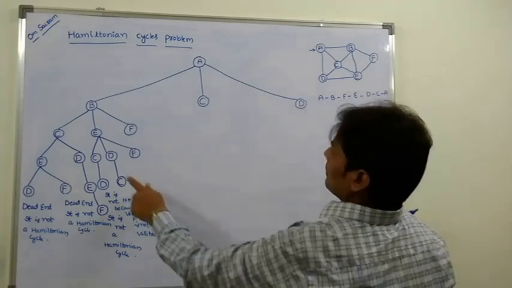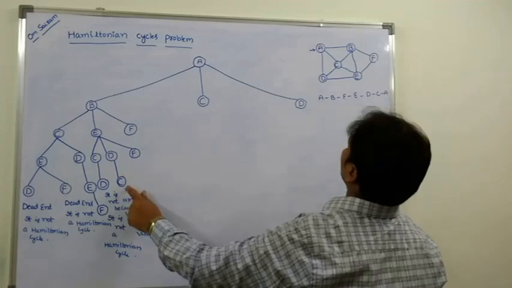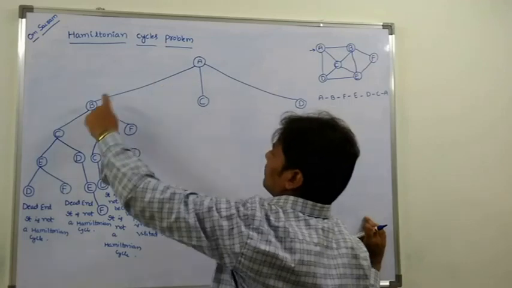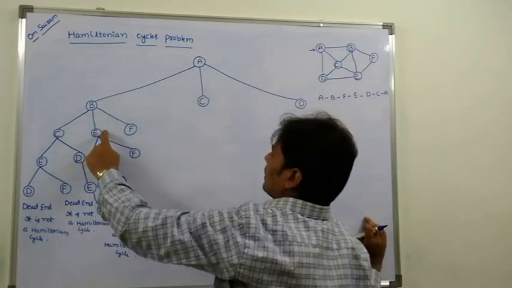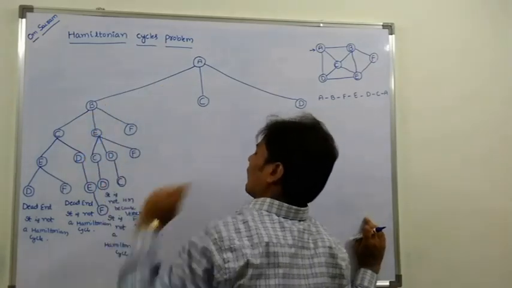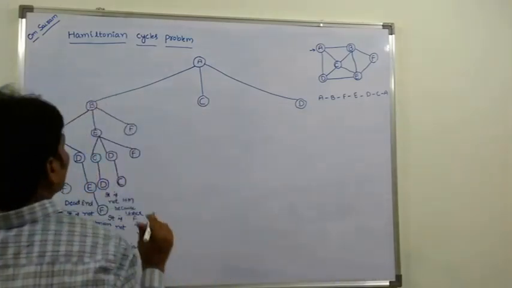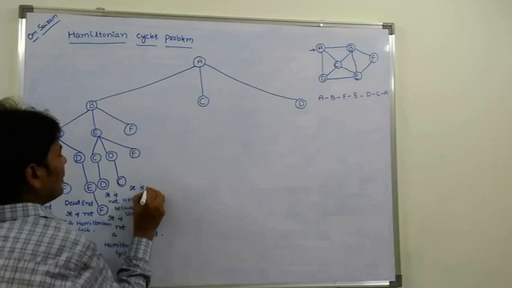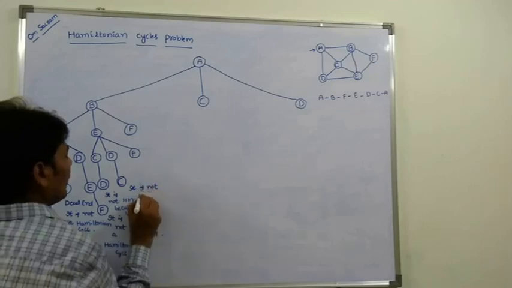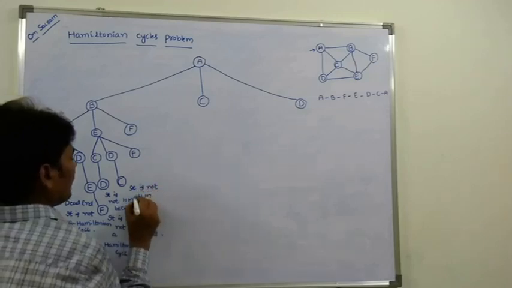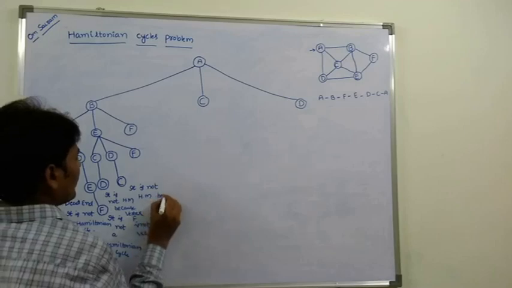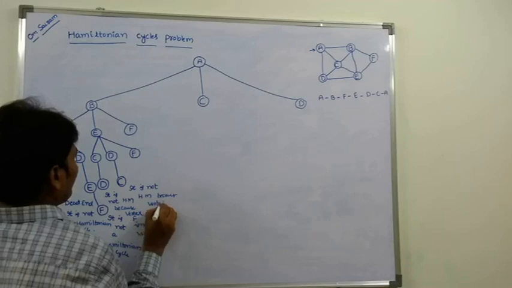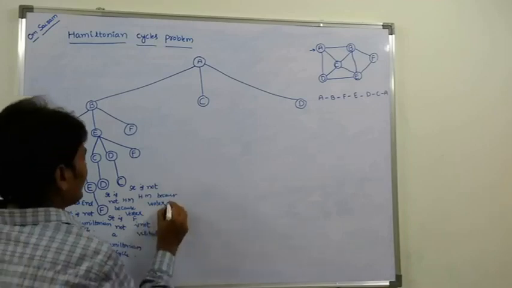C is adjacent to A, B, E, D. So A is already completed, B is already completed, E is already completed, D is already completed. So it is not a Hamiltonian cycle because vertex F is not there.